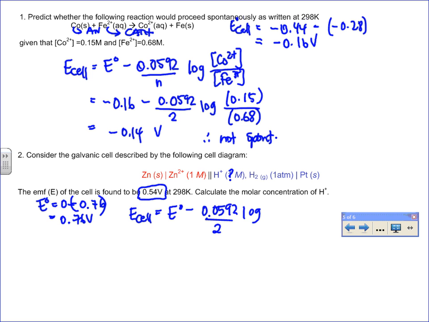And the reaction that's happening here has zinc and hydrogen over the hydrogen ions squared. Now, one unusual thing that you'll see when you're dealing with the Nernst equation is that with hydrogen, the pressure is in atmospheres and the other ones are in concentrations.